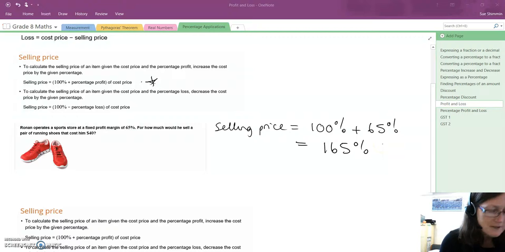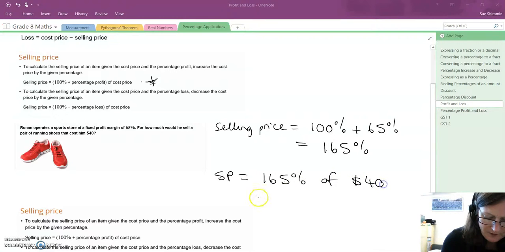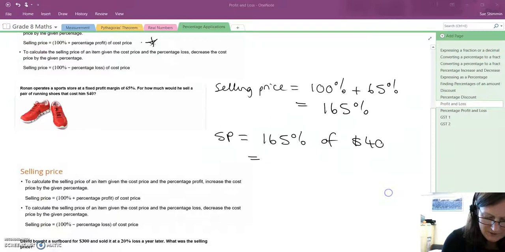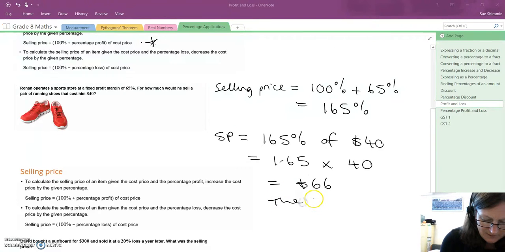So his selling price is 165% of $40. Let's change 165% to a decimal, 1.65, change of to a times, $40 to 40. So that equals $66.